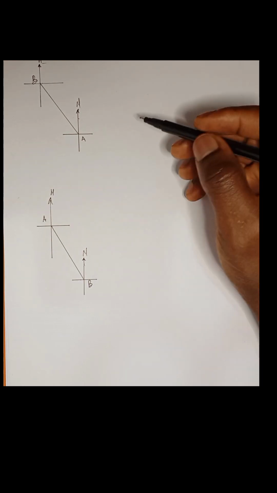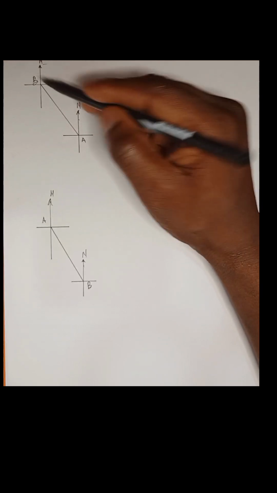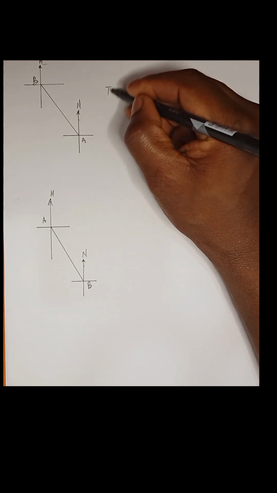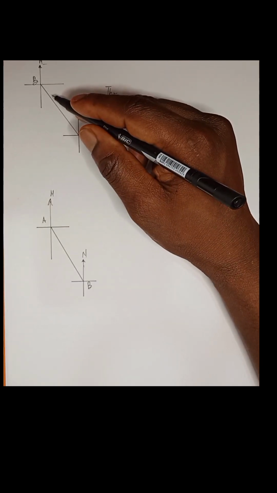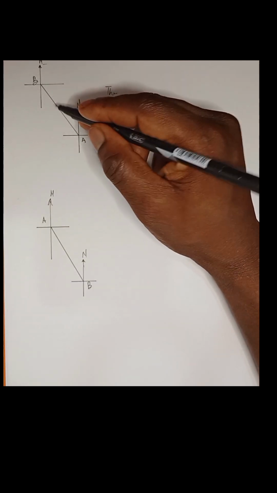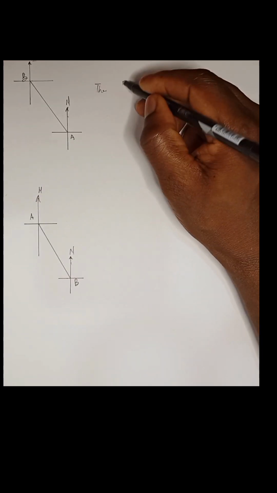Okay, also in this diagram, A is here and B is here. For me to know the bearing of B from A, that means which direction would I turn when going to B from A?